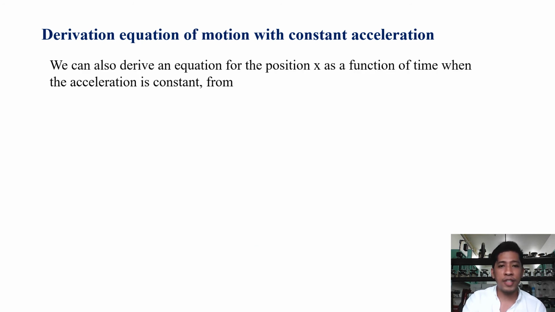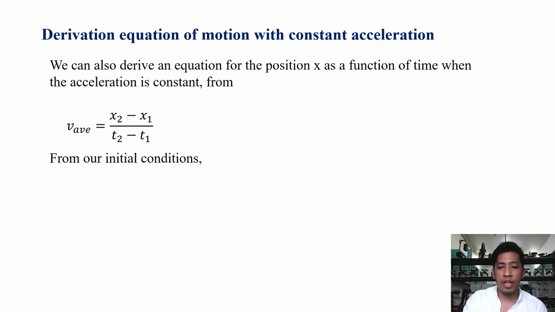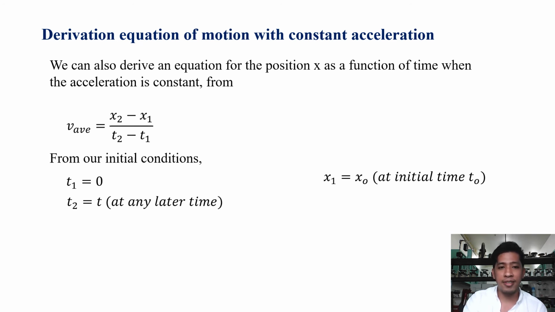We can also derive an equation for the position x as a function of time when the acceleration is constant. From this equation for your average velocity, and from our initial conditions, we let t1 again be equal to 0, and at initial time t0, your x1 is equal to x0.